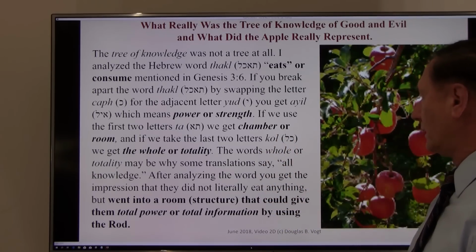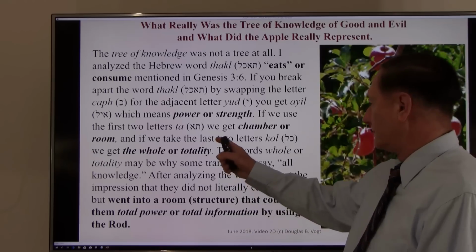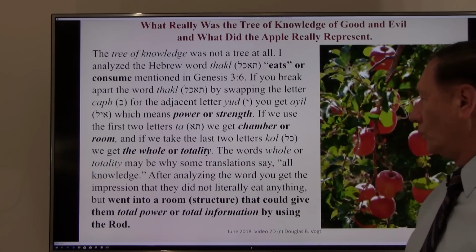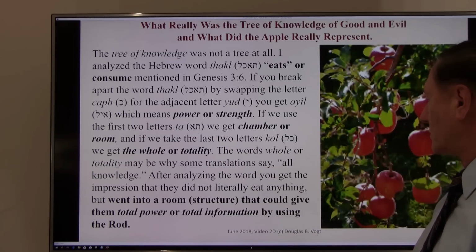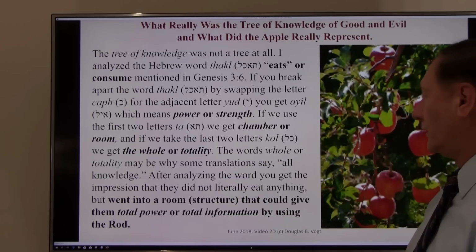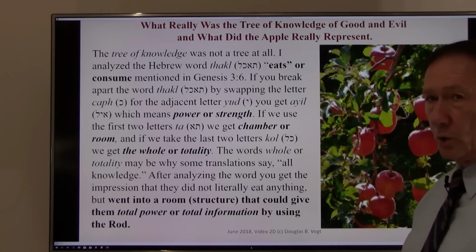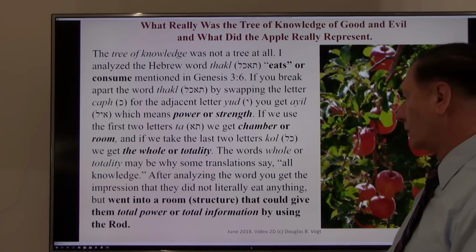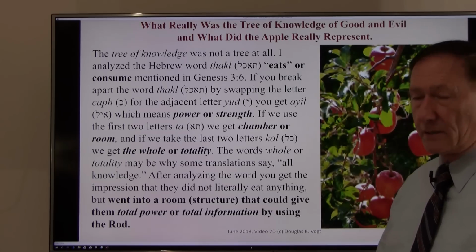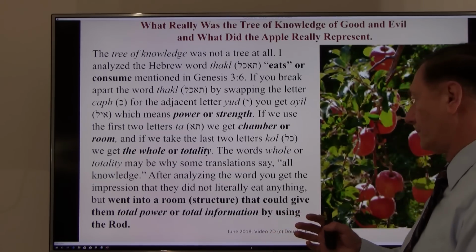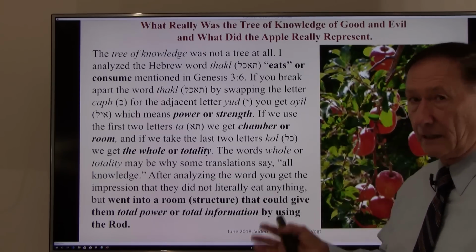If we use the first two letters, we get chamber or room. If we take the last two letters, kol, you get whole or totally. The words whole or totally may be why some of the translators say total information. You know, totality of everything.